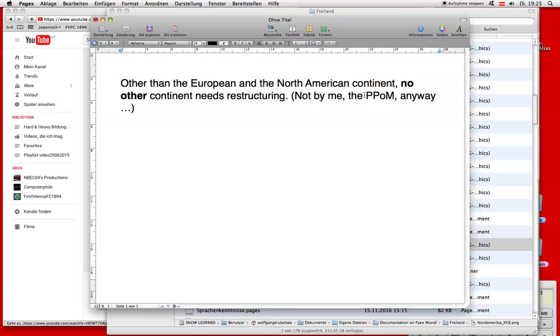This is how they wound up over in North America. And I want to point out that thus only Europe and North America needed restructuring by the prime protector of mankind, namely me. And no other continent needs restructuring. I want to point this out. There. And that is that. Thank you very much.